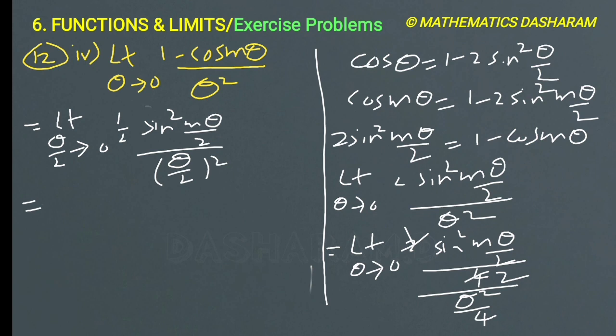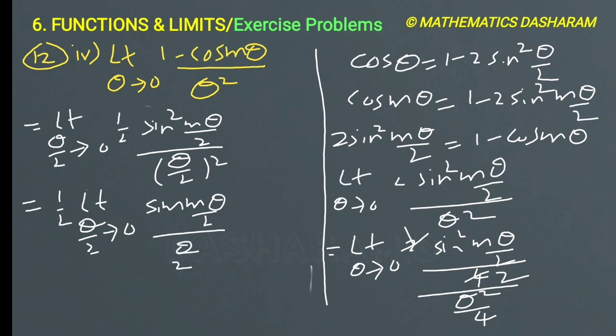So it is equal to limit theta by 2. Write 1 by 2 out of the limit because it is a constant number. So sin m theta by 2 by theta by 2 into sin m theta by 2 by theta by 2.